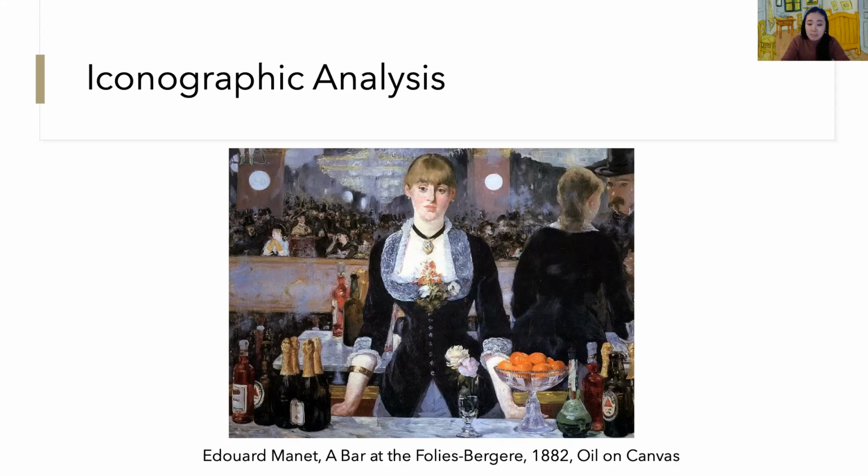So one of the hidden meanings is the orange, which symbolizes prostitution in his painting. Finding this symbol or hidden meaning in a work of art is iconographic analysis.